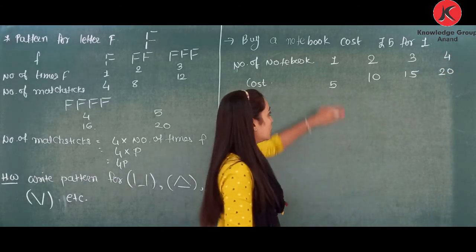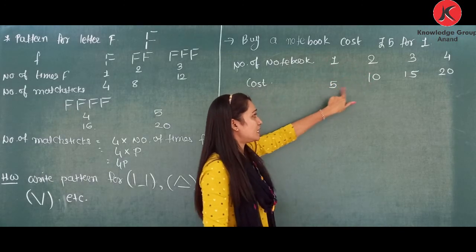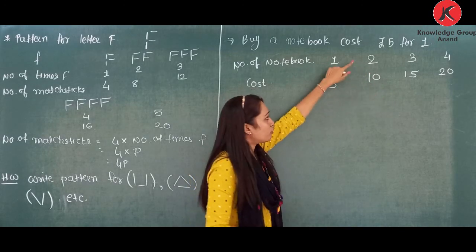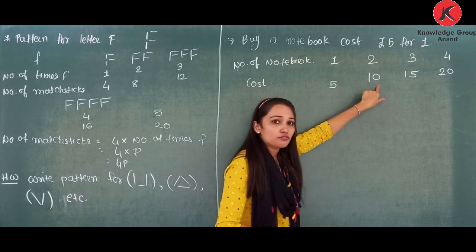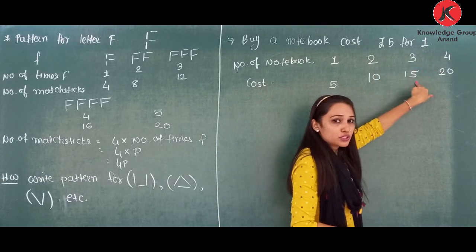Now you can see the number of notebooks is multiplied with 5. For 2 notebooks, 2 5s are 10. For 3 notebooks, 3 5s are 15.